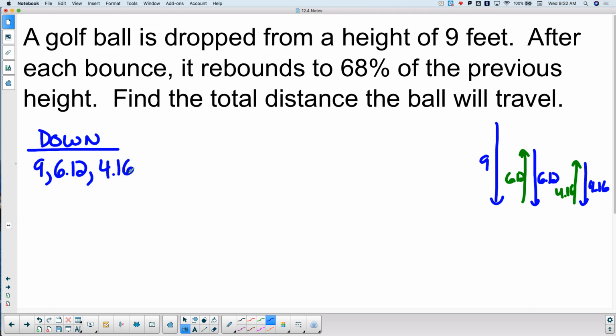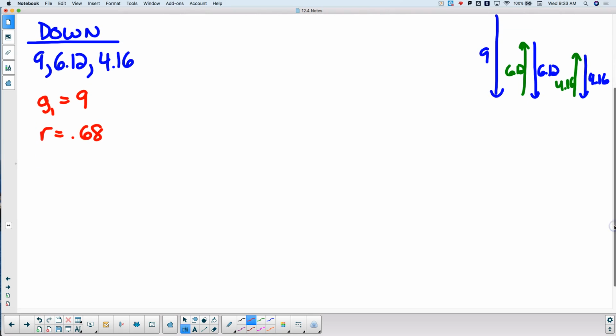What's my first term over here? What's my R value? 0.68. Is that R value in an acceptable range to find the infinite sum? Yes, it is. So let's do that.